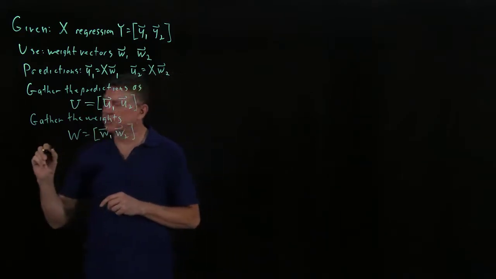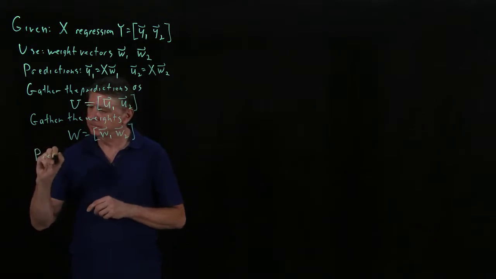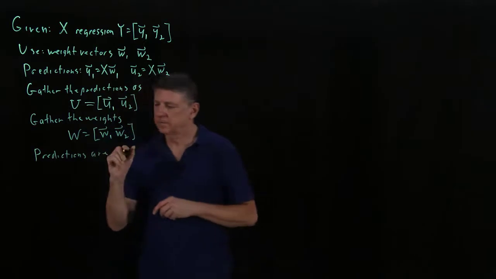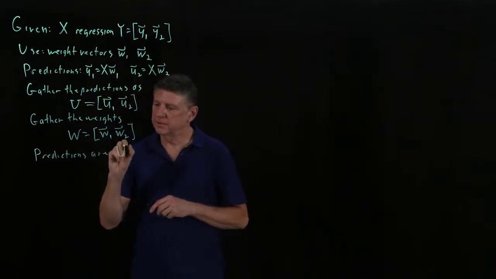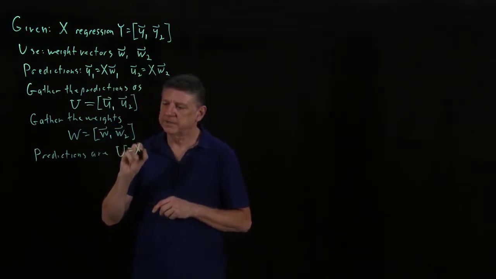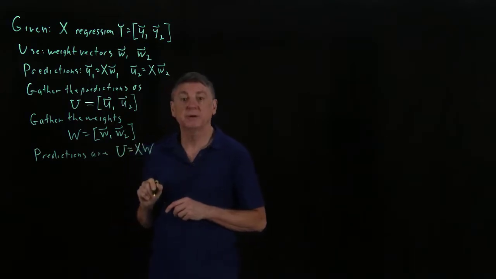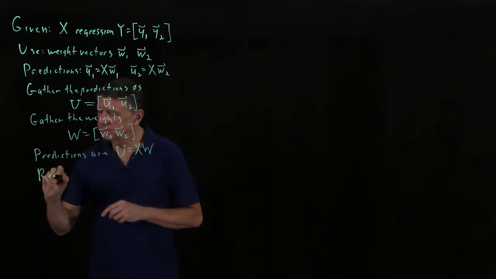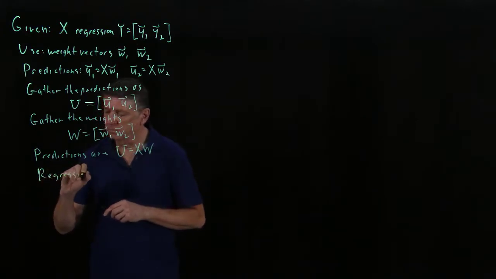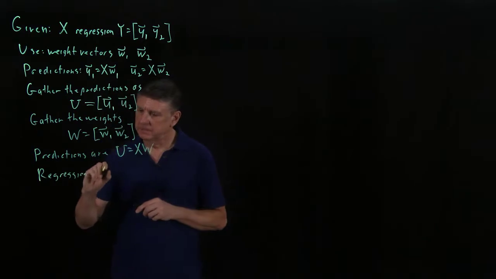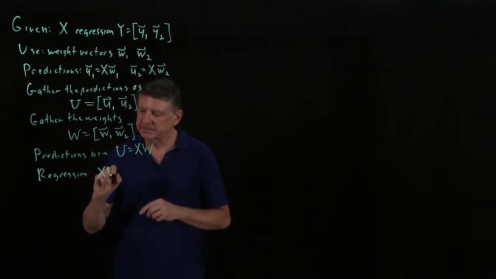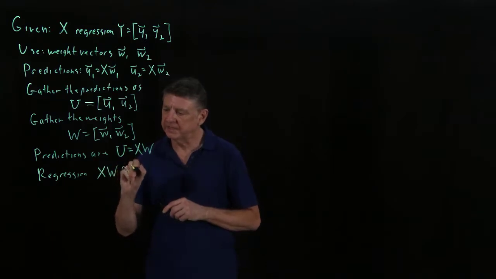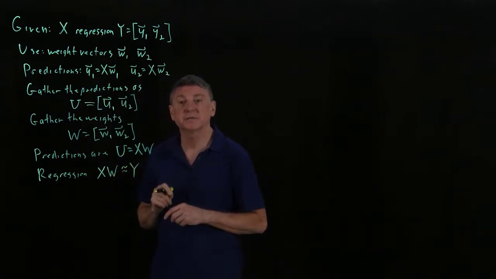And so our predictions are that the predictions are the design matrix times the weight matrix. And the regression that we're supposing we want to perform is we want this X design matrix times the weight matrix to be approximately the given regression matrix.